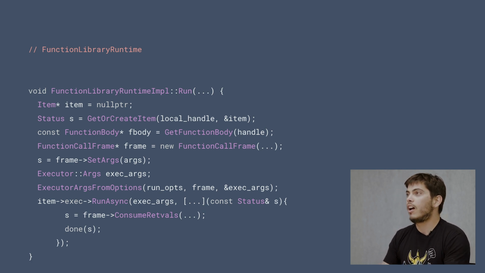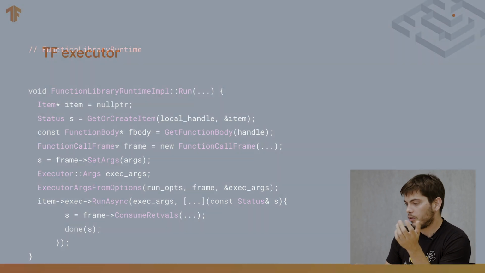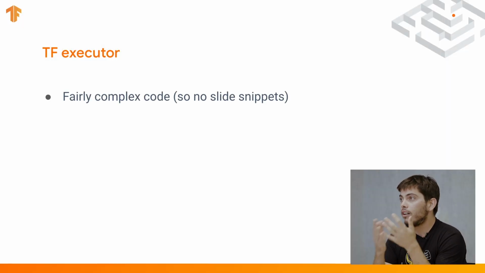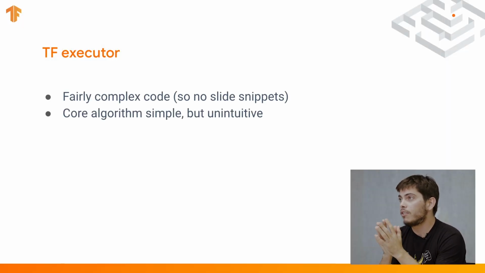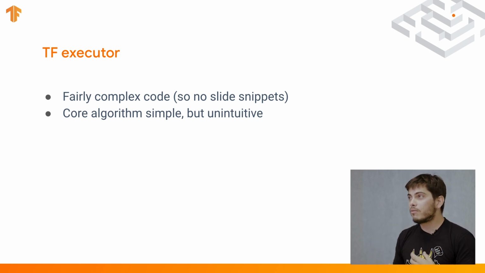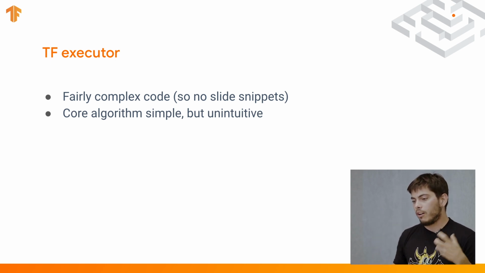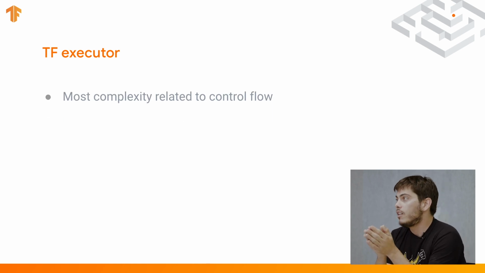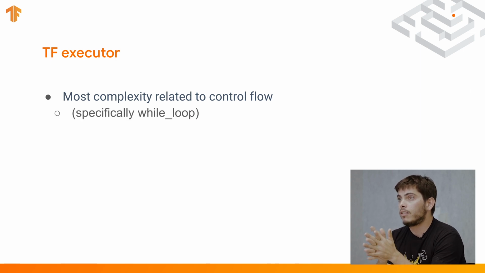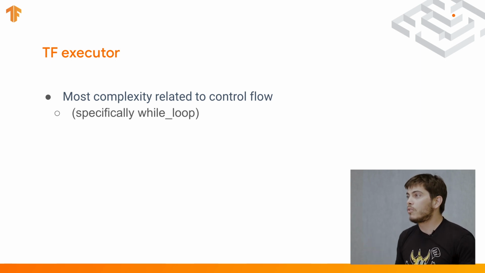And here, I could dig into the TensorFlow Executor, but that code is fairly complex, and you have a simple core algorithm, but it's really hard to pull it out of there. And I think the main reason why it's hard to pull it out of there is that the executor grew together with the implementation of control flow in TensorFlow, and specifically, the details that we had to do to implement while loop kind of obscured a lot of the core functionality of the executor.